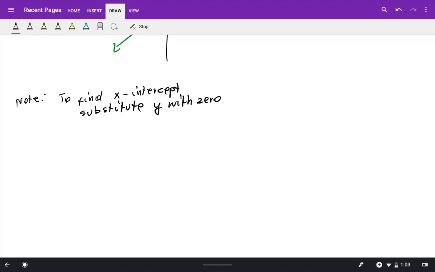So you're going to substitute y with 0 and solve the equation for x. So that's what we do to find the x-intercept. We substitute y with 0.